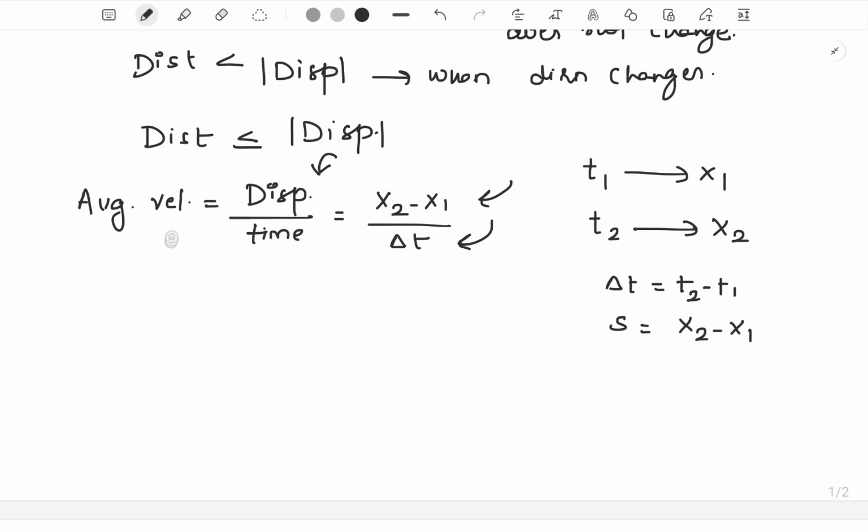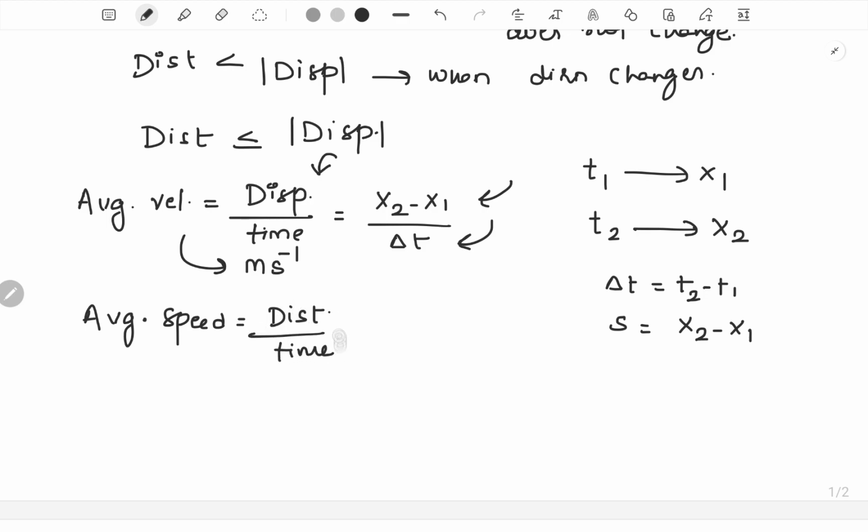As you can see, the units of average velocity would be meter per second if we consider the SI unit of displacement to be meter. Now let's go with the definition of average speed. So average speed is equal to distance traveled during a time interval divided by time taken for that particular distance traveled.